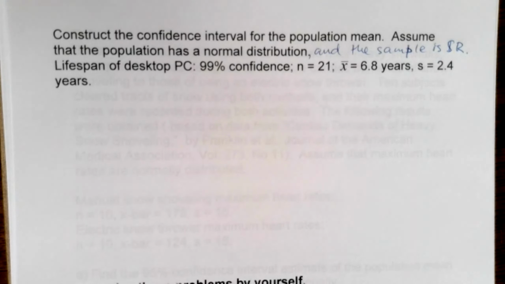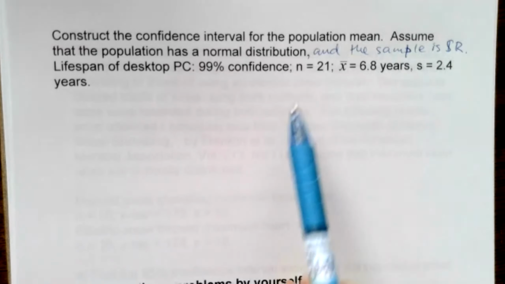Okay, so are the conditions satisfied? Do we have a simple random sample? Yes. Do we know the standard deviation of the population? No. Do we have a normal distribution of sample means?